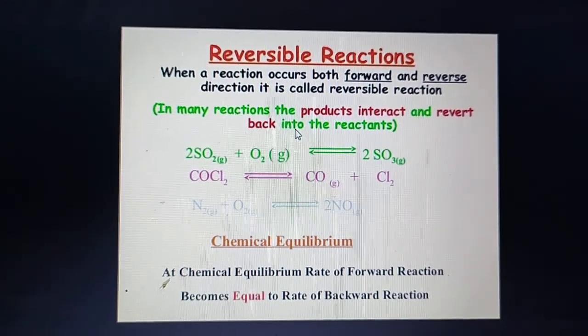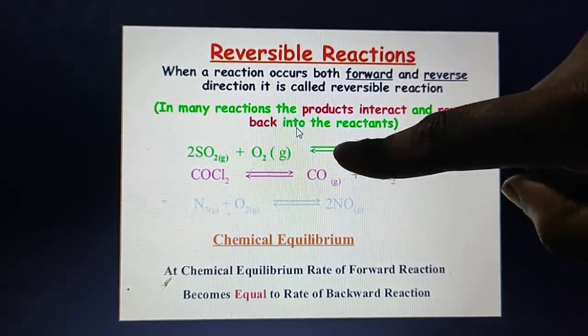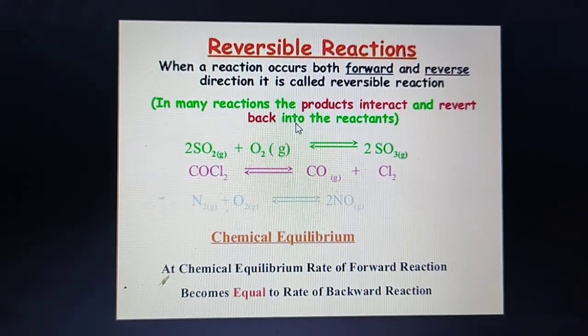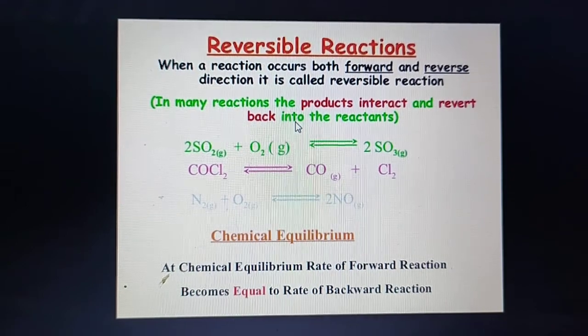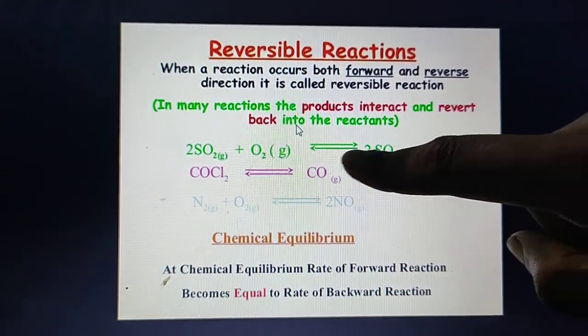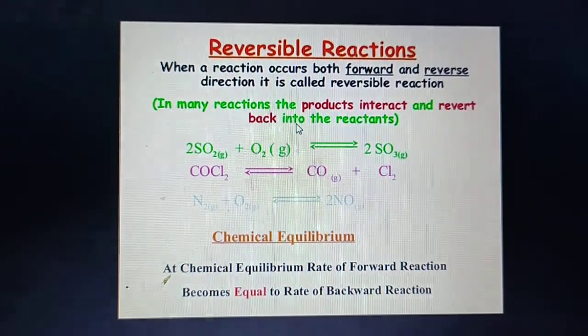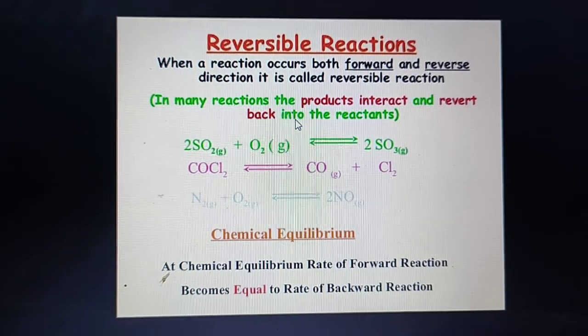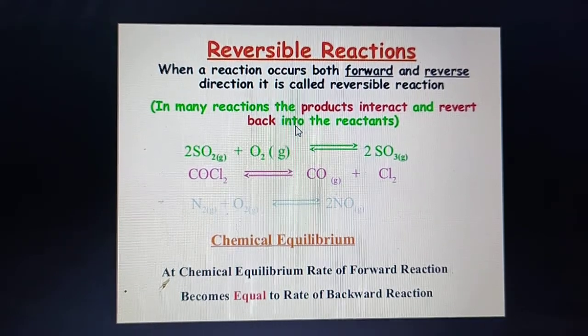But after some time, complete conversion of reaction does not take place. So this sulfur trioxide again acts as a reactant. See the downward arrow, it decomposes to form sulfur dioxide and oxygen. So here only a part of the reactants get converted into products.